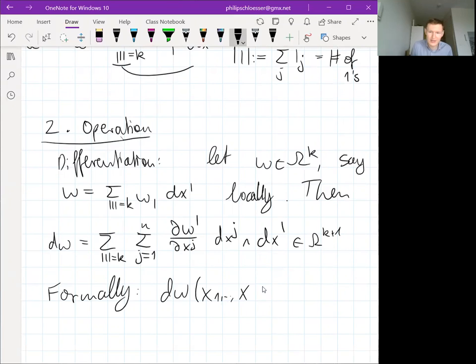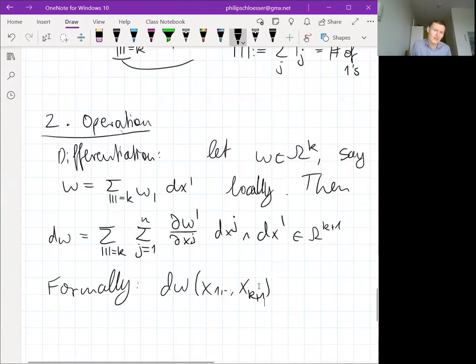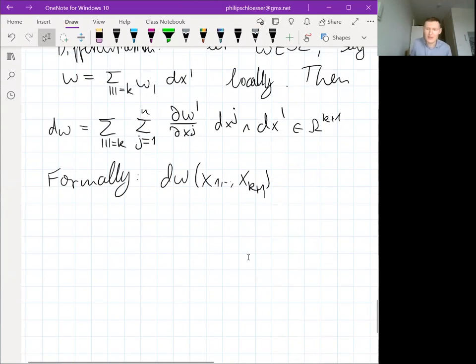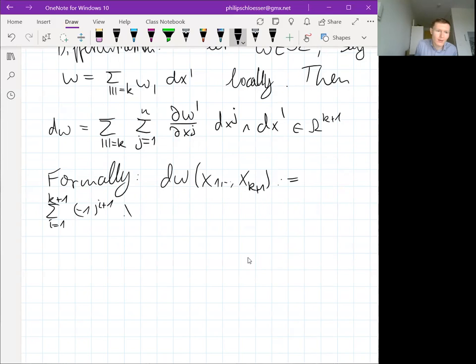So d omega takes k plus 1 many vector fields, and we define this as the sum of two glorious sums. We first apply the ith vector field to omega evaluated with all of the others except for the ith, and then take some alternating sum of that.